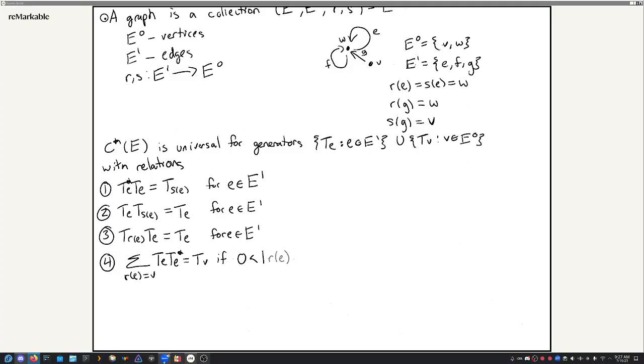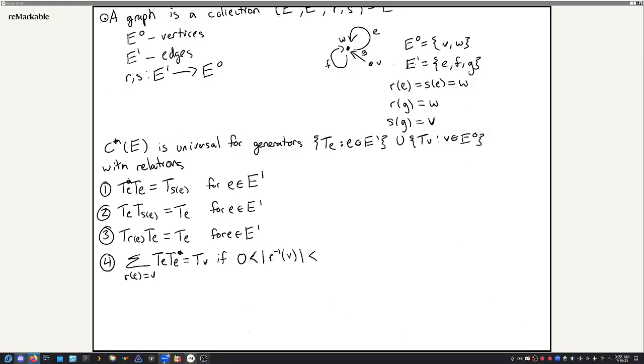So I can take the preimage of the range function at v, and that's the set of edges which point into v. And there has to be at least some edge which points into v. But we also want the sum to be finite when we impose this relation, because it's not exactly clear what you would mean by an infinite sum in this context.